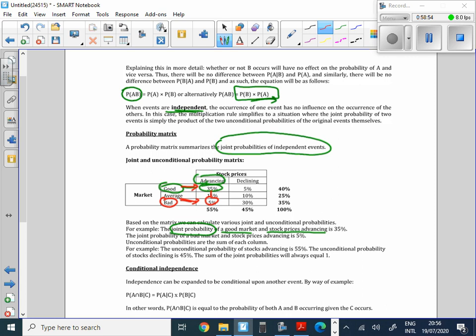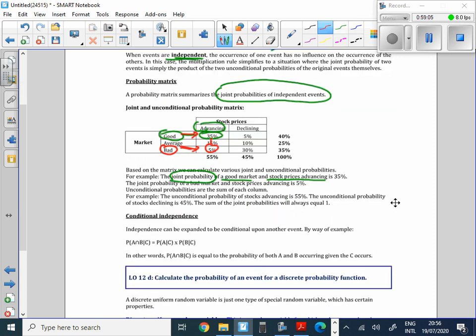Good. Those were all unconditional probabilities. They are not linked. They're not dependent. They're independent of each other. We move to a new concept over here called conditional, and conditional means it's conditional upon another event.